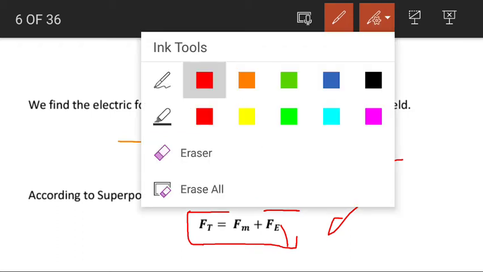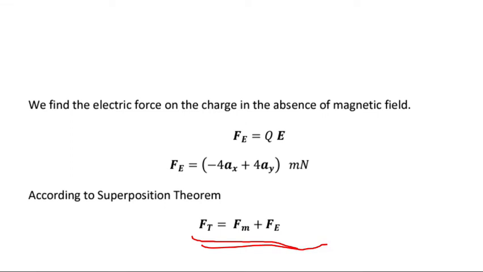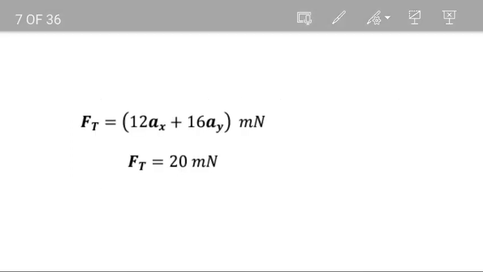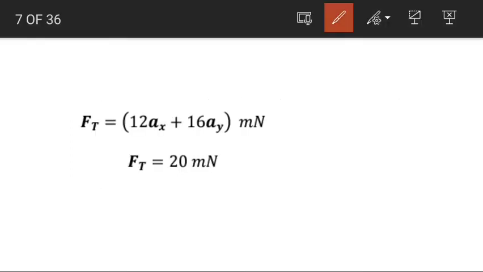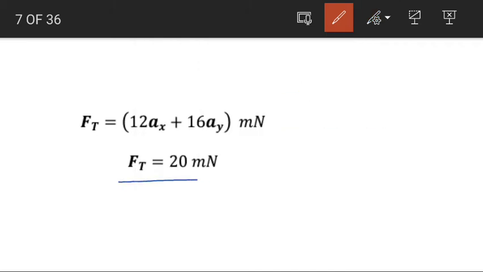So we add these two forces to find out the total force on the moving charge. So the total force on the moving charge is 12AX plus 16AY millinewton. We find out the magnitude of this force, and the magnitude of this force is 20 millinewton.